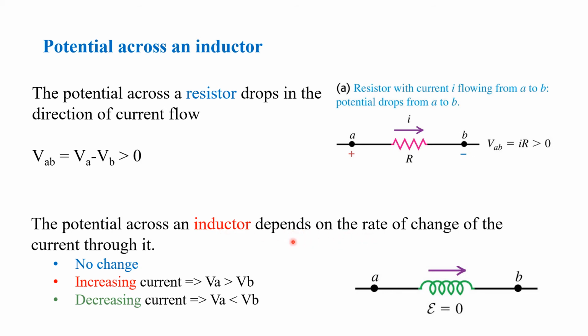If you have increasing current in your circuit, your potential V_A is greater than V_B, and if you have a decreasing current, then V_A is less than V_B.